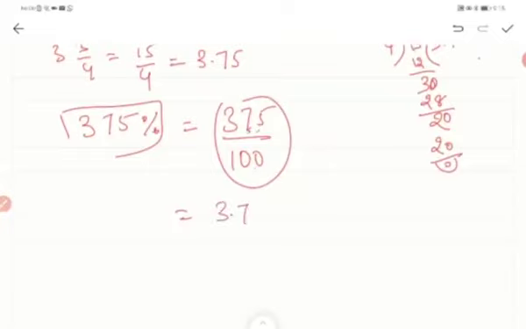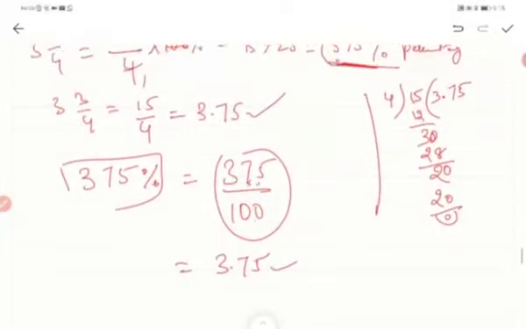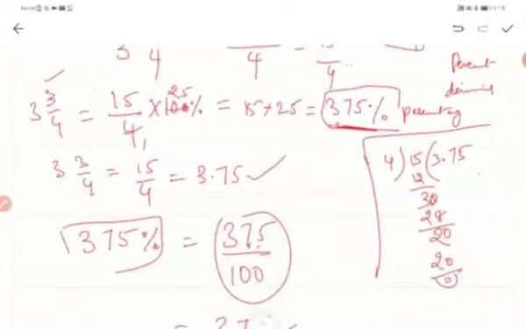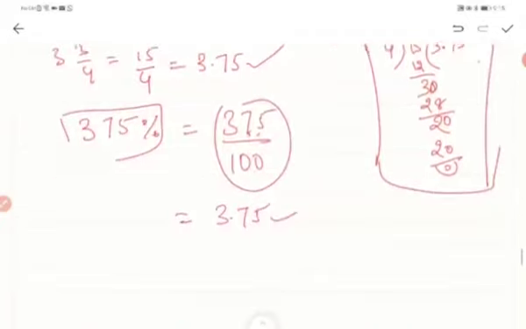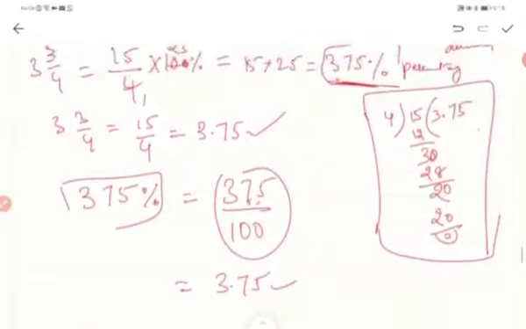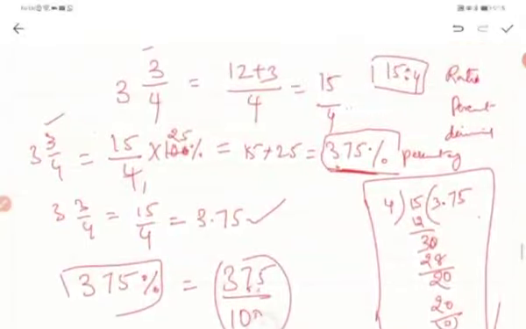This is 3.75. It is one and the same, isn't it? So either you can go for the division process like this, or by taking the percentage also you can get your decimal number for different fractions or any percentages. With percentage it's very easy to convert into decimal.